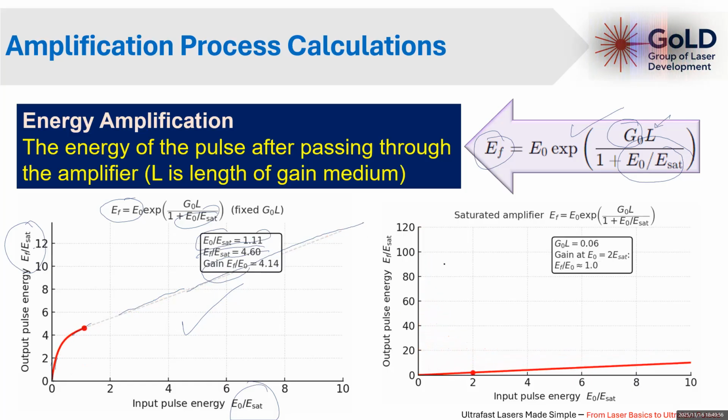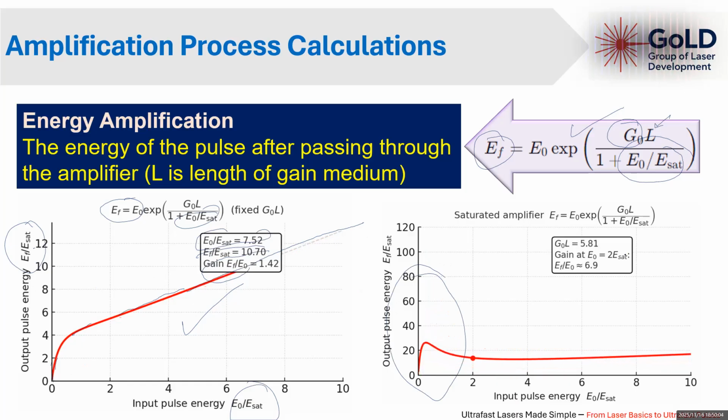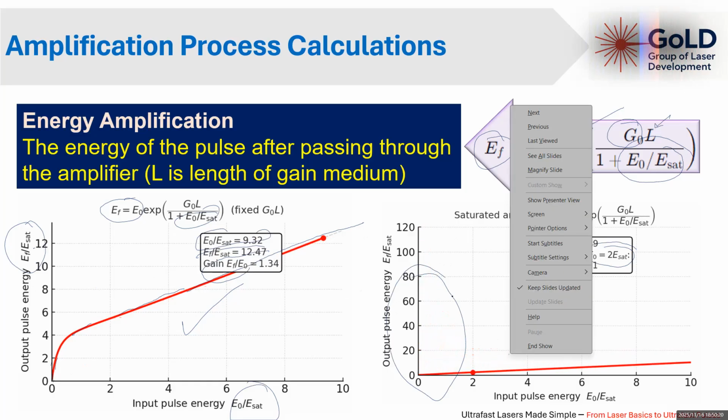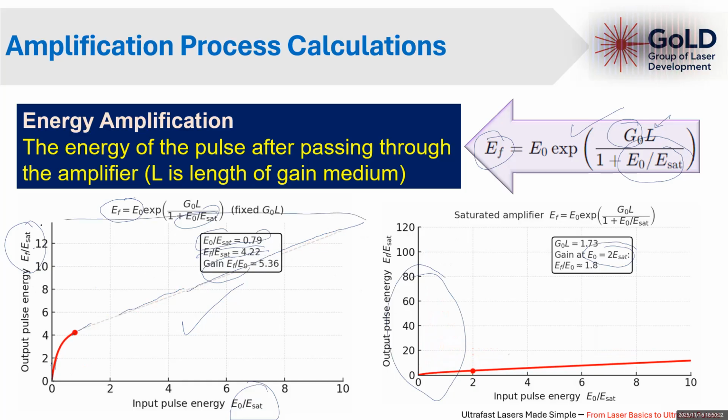And this portion here is because we fix the gain at this value. That is why you can see this portion is increasing, but not overall. But anyway, this plot is important to understand.